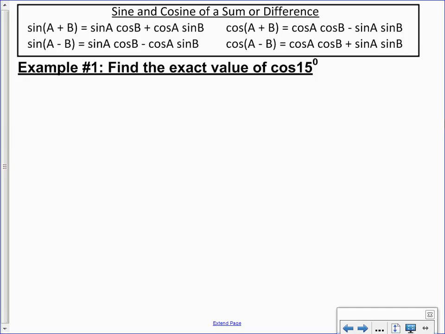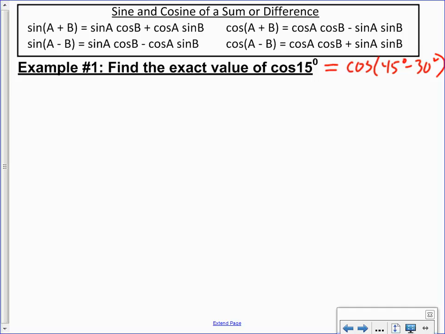So would you not agree that the cosine of 15 is the same as cosine of 45 minus 30? You could have picked other ones, like 135 minus something, but you always pick angles that you know are on the unit circle.